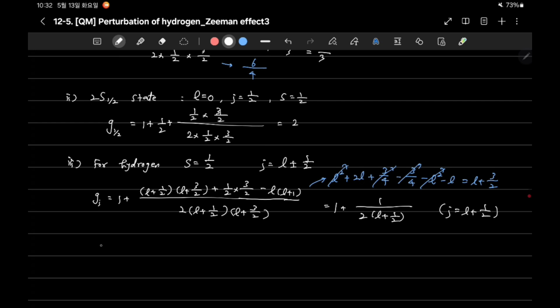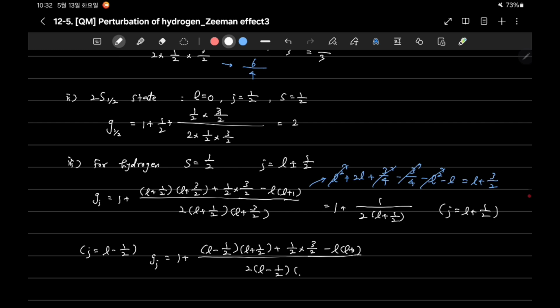In other words, for the J = L − 1/2 case, g_J is 1 plus (L − 1/2)(L + 1/2) + 1/2 times 3/2 minus L(L+1), over 2(L − 1/2)(L + 1/2).